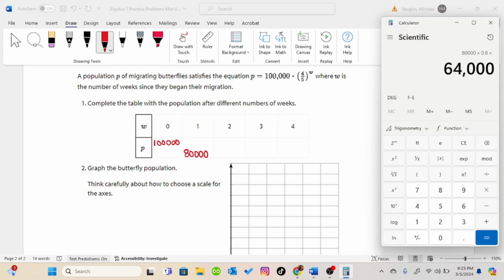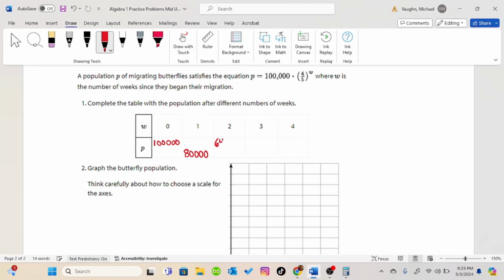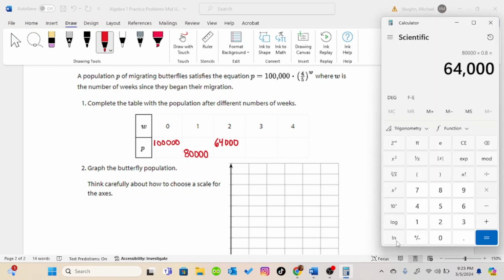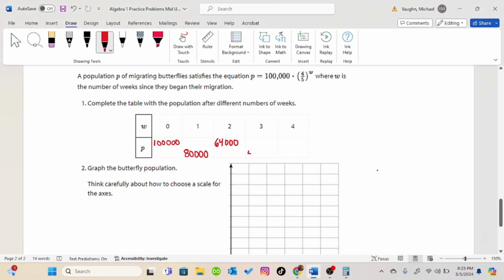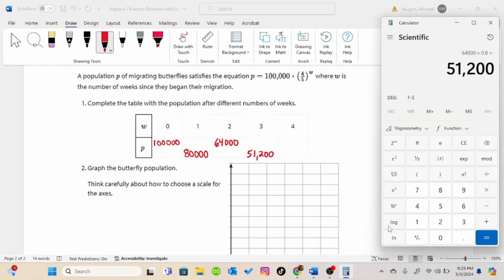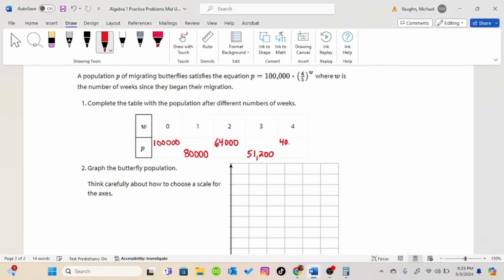That's 64,000 butterflies. Now we multiply by 4/5 again. And that's 51,200 butterflies. And we're going to multiply one last time. 40,960 butterflies.